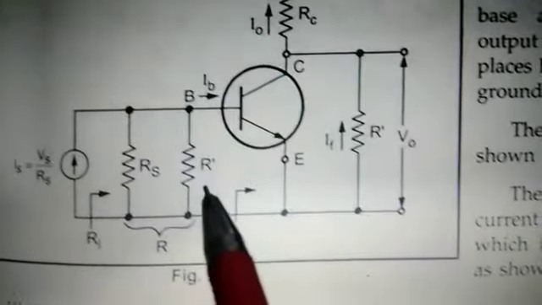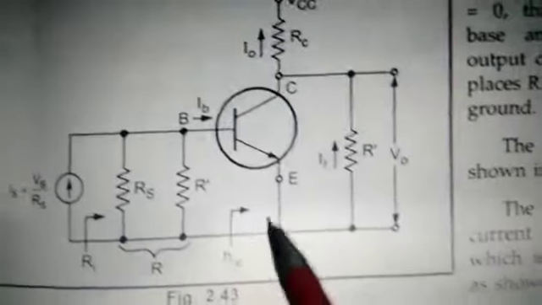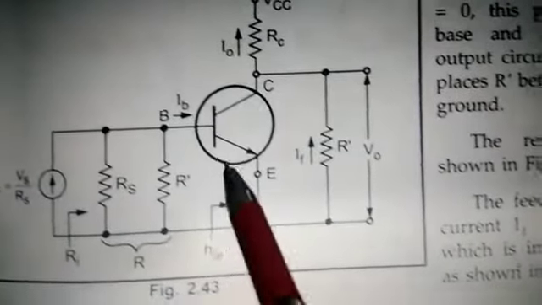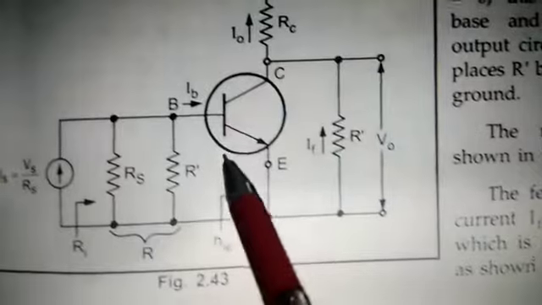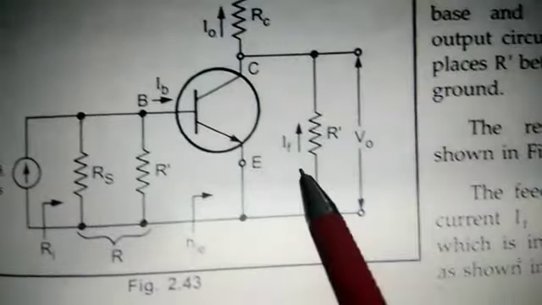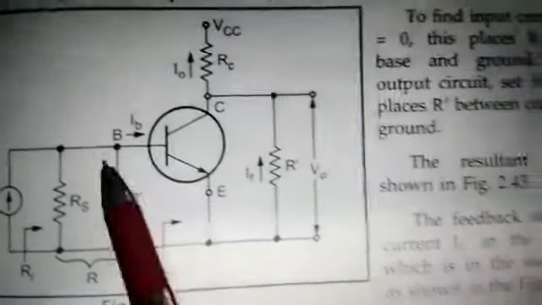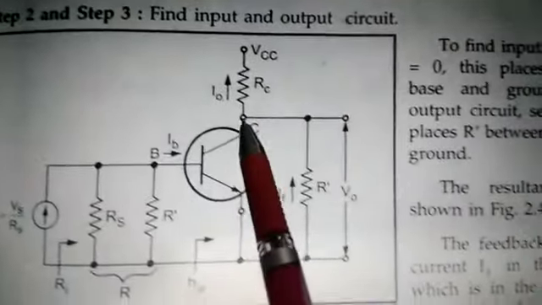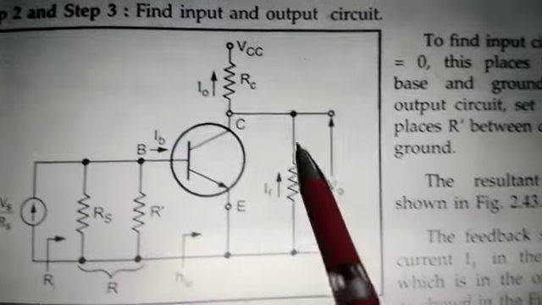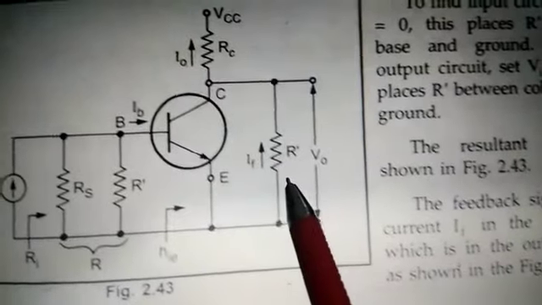R is parallel to R dash, and here the HIE of the transistor is the input impedance of the transistor. This is shown here. This is the feedback current IF, and this is R dash, which is connected between collector and base at the output equivalent side. We have got R dash.